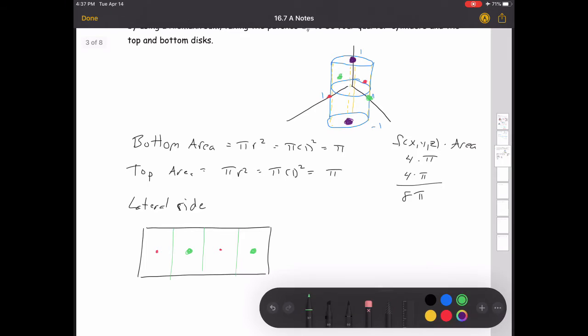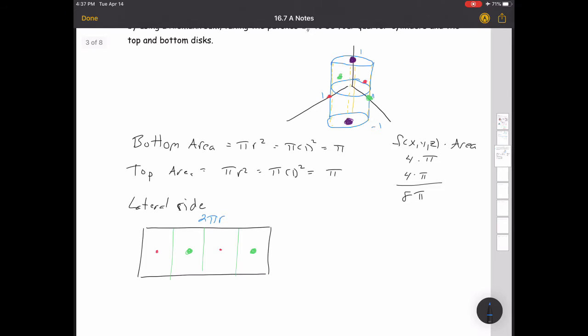Well, we need to find the area of the entire outside part of the cylinder. When you open it up like that, the top part here is the circumference, which is 2 pi r. That's just the top ring. And the height of this thing is 2, because it goes from negative 1 to positive 1, and that distance is 2.